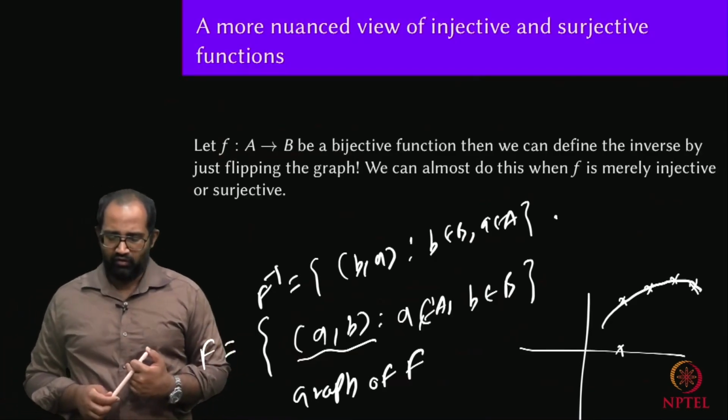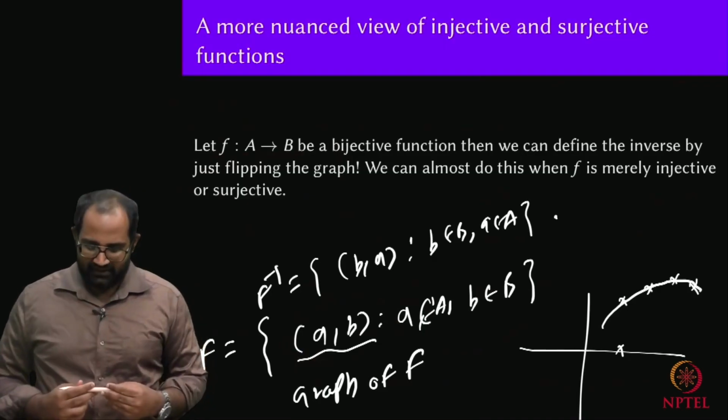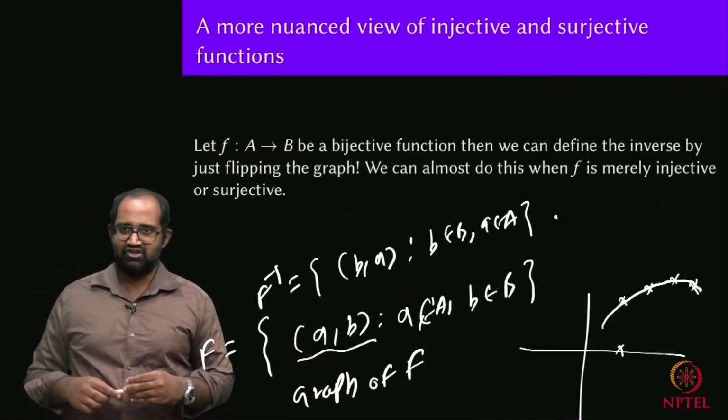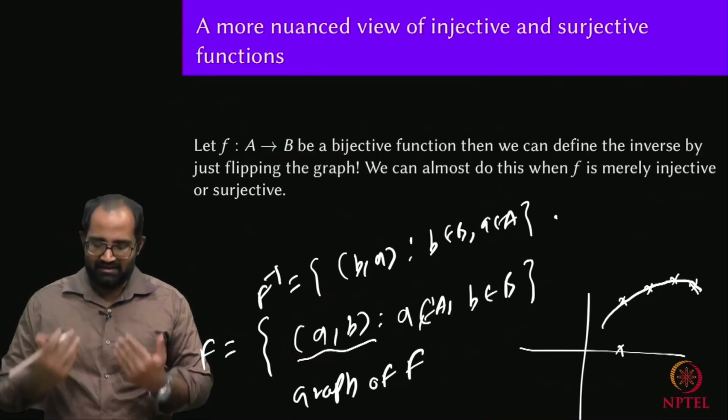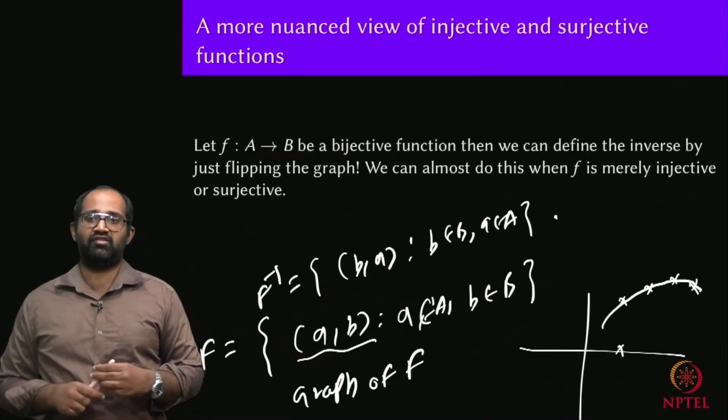Okay. So, the inverse is essentially obtained by just flipping over the graph, just swapping the elements.